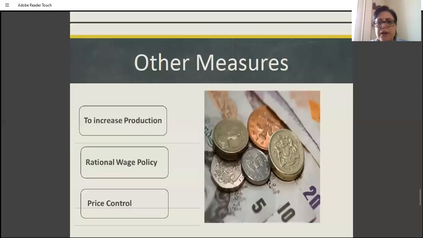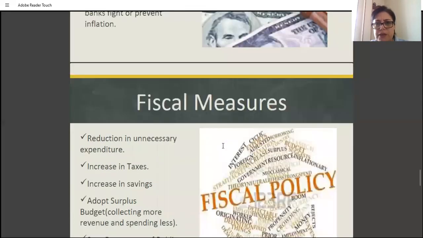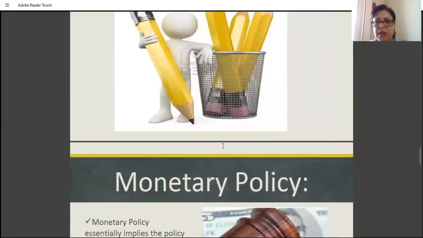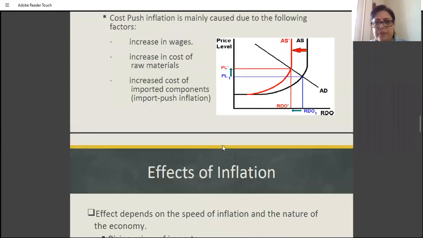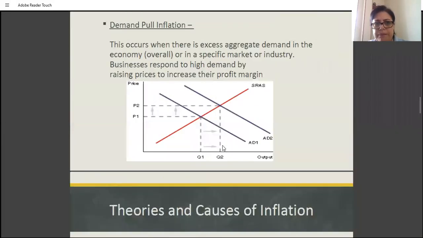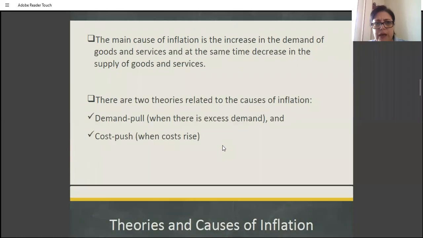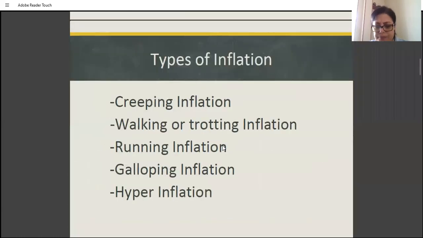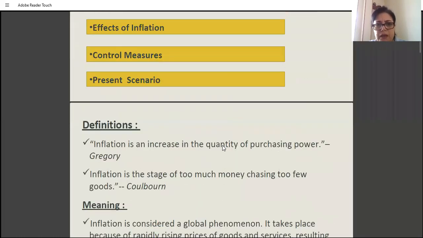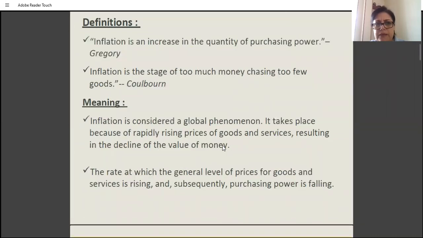So let's go back through all the slides in order to revise the key points. Firstly, we have to understand the major definitions of inflation.